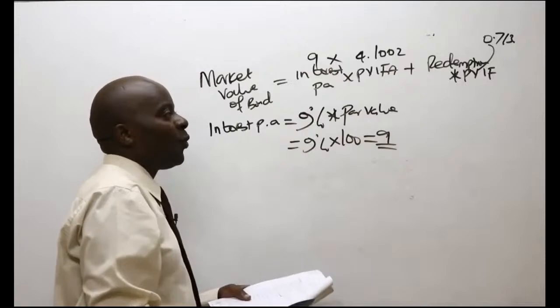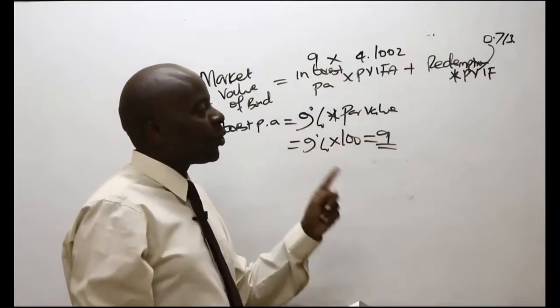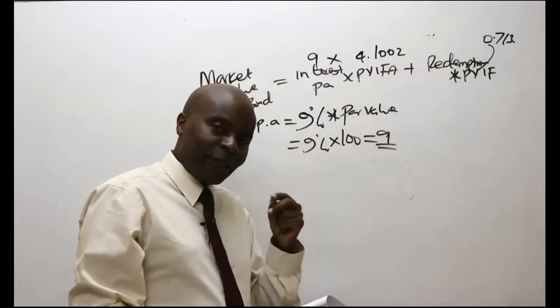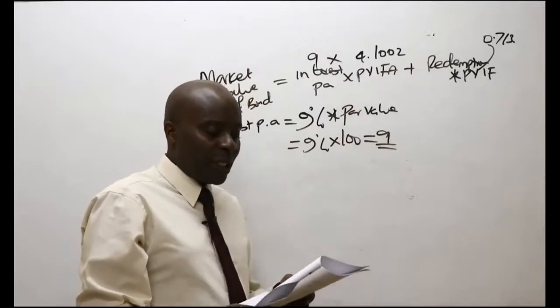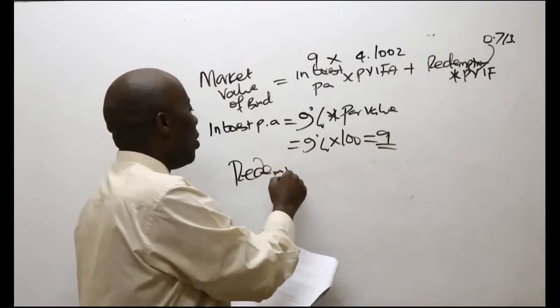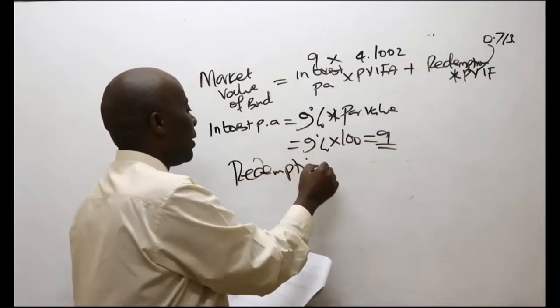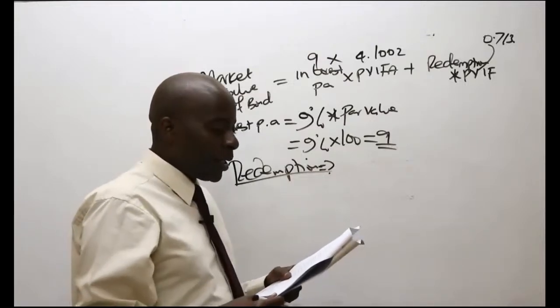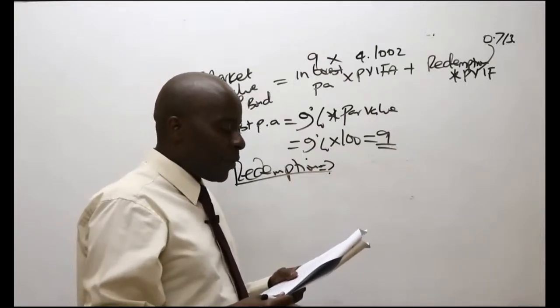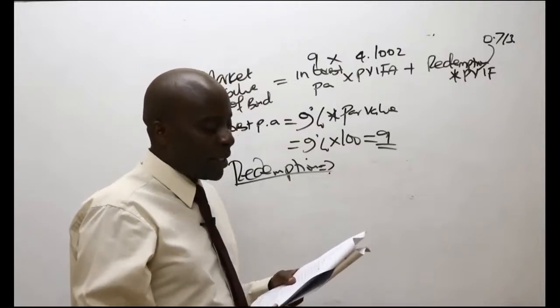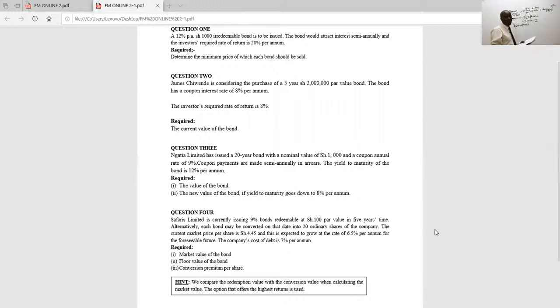Now we are left with the redemption value. And unfortunately, this is a convertible bond, a bond that has got a conversion element. So I'm now looking for the redemption. They're telling me that alternatively, each bond may be converted on that date into 20 ordinary shares of the company.